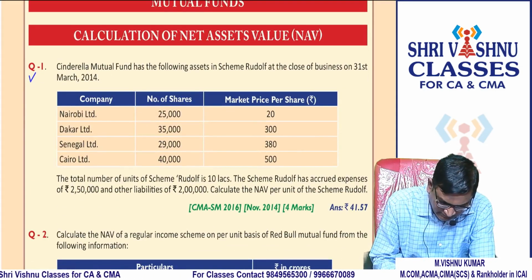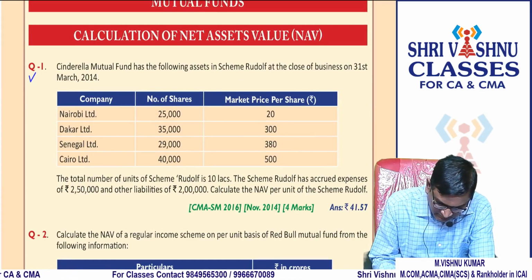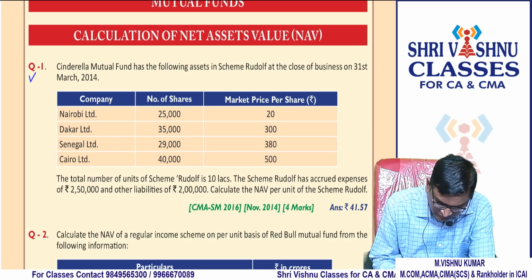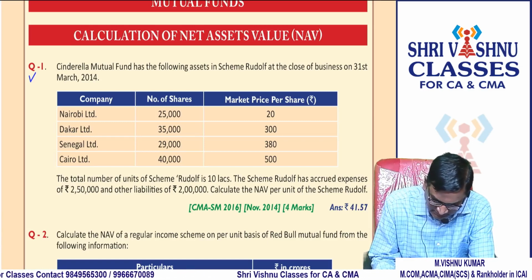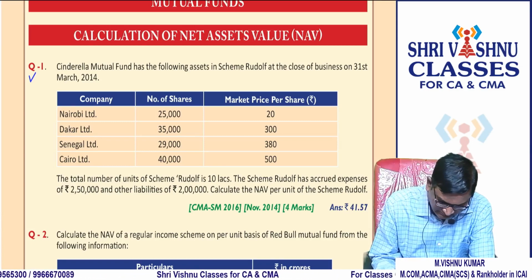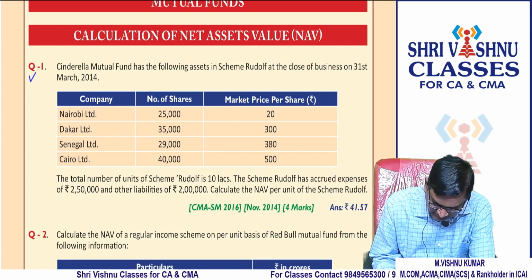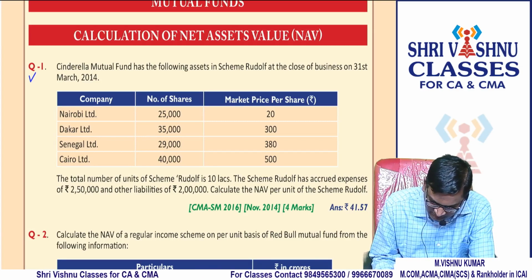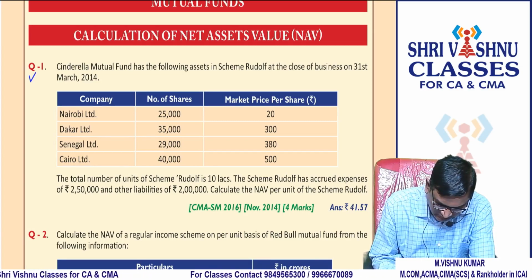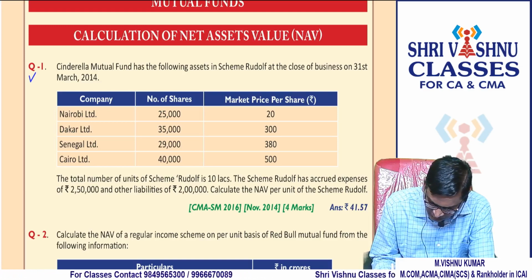Company: Nairobi Limited, Dhaka Limited, Senegal Limited, Cairo Limited. Number of shares: 25,000, 35,000, 29,000, 40,000. Market price per share: 20, 300, 380, 500. Total number of units of scheme Rudolph is 10 lakhs. The scheme Rudolph has accrued expenses of 2,50,000 and other liabilities of 2 lakhs. Calculate net asset value per unit of the scheme Rudolph.